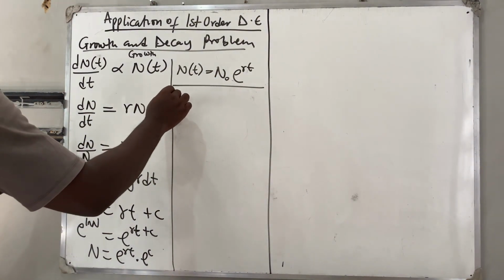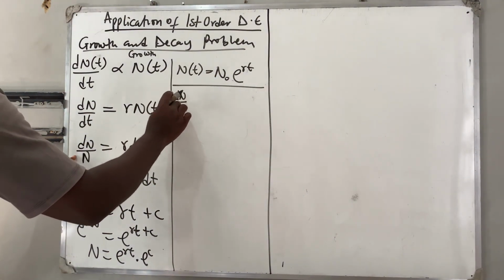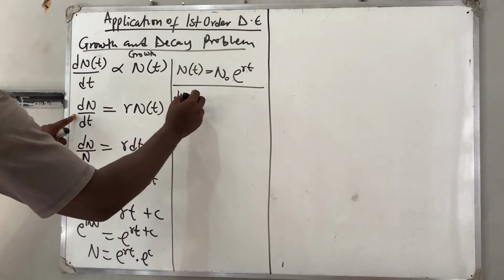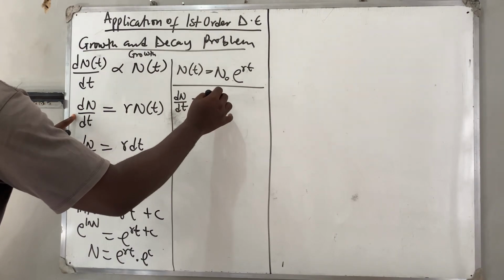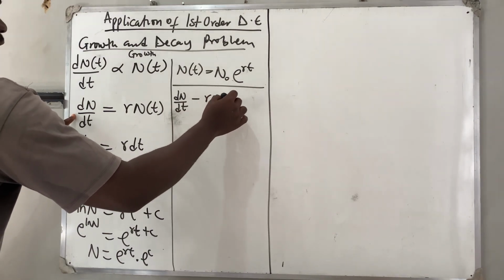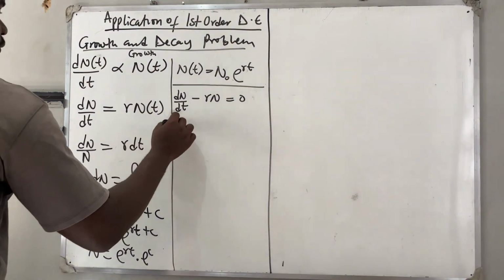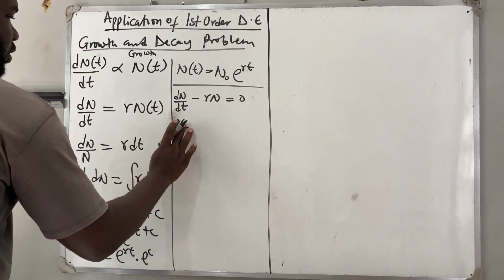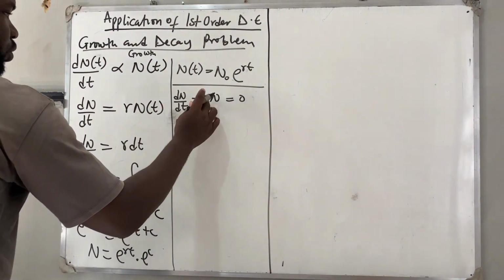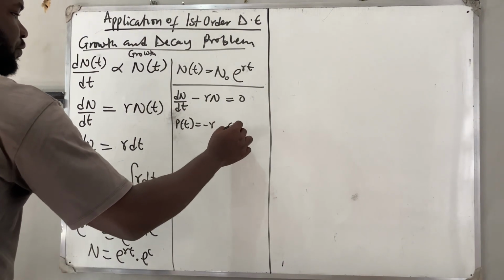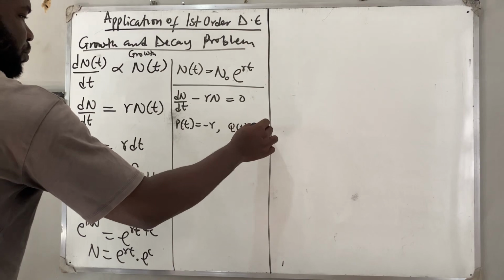Alternatively, if you want to use linear equation to solve this, we have dN/dt, and this term coming here gives us minus rN is equal to 0. So this is a linear equation where our p of t is equal to the coefficient of N, which is minus r, and our q of t is going to be 0.